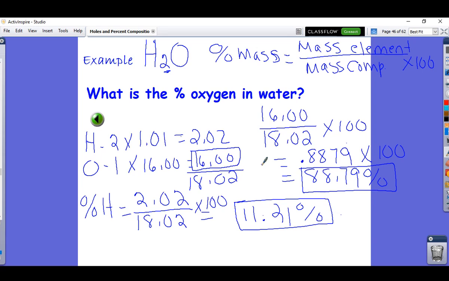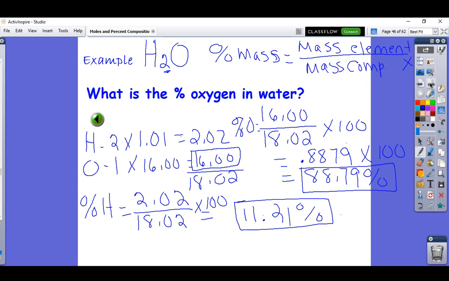As you can see, we had to find the molar mass of the whole compound H2O, and then we put the molar mass of each element we're working with. This was the percent for oxygen. Divide it, and then times it by 100.